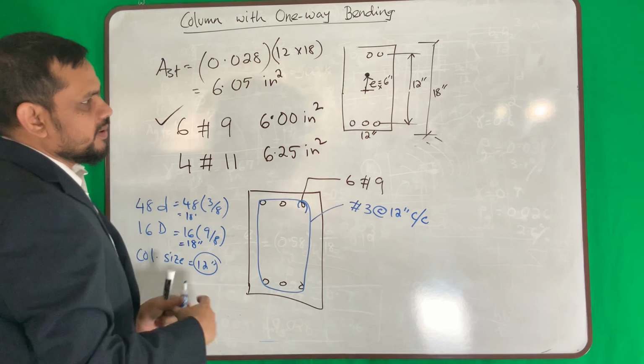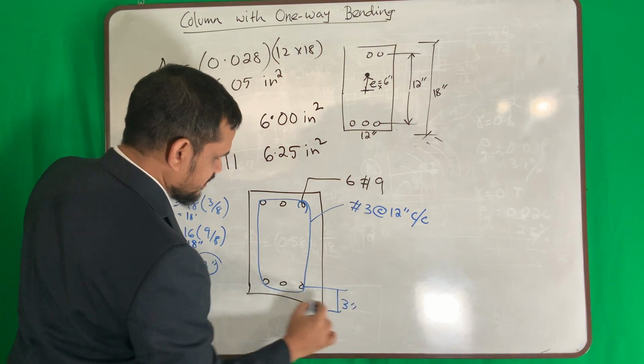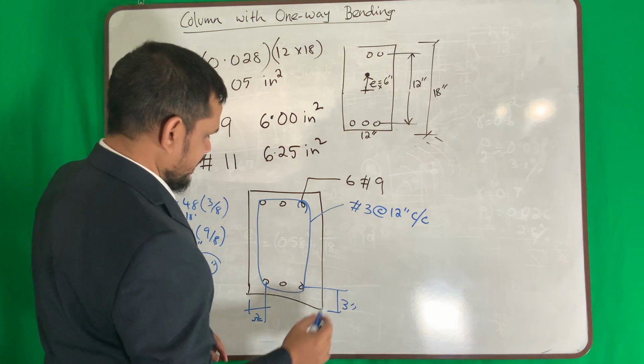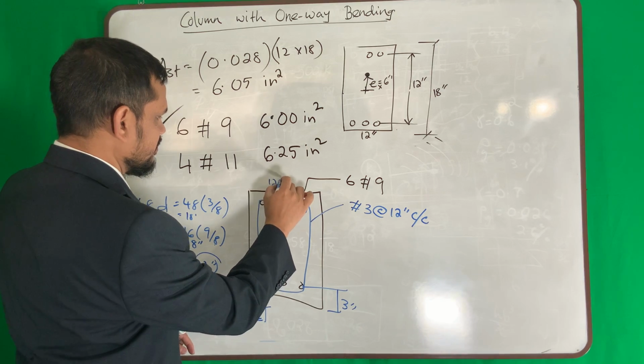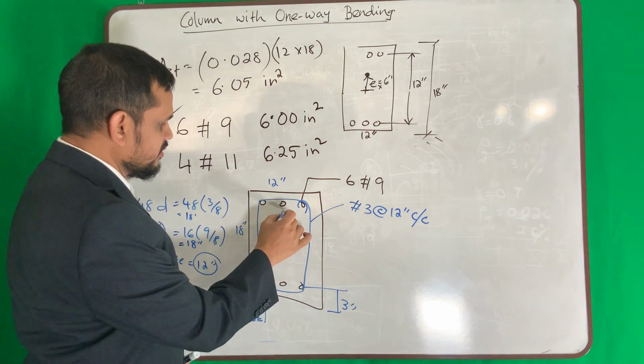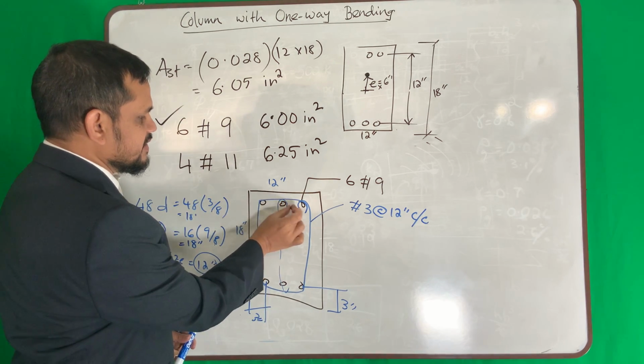Your problem told us this will be 3 inch. So right here, this will be 3 inch, this will be 3 inch, and again this will be 12 inch, this will be 18 inch. The question is, do we need one more bar here? We have to judge what the spacing is here.